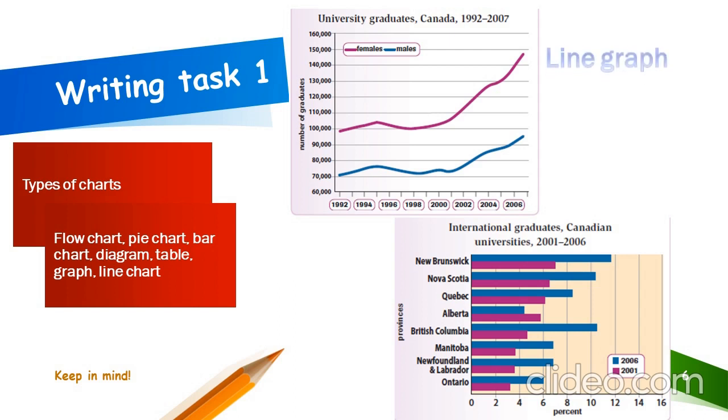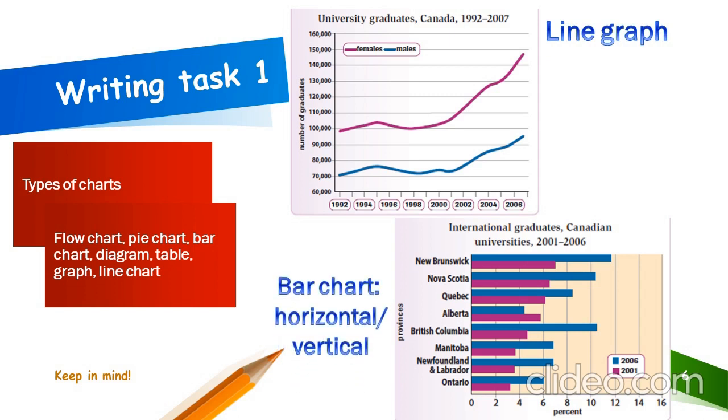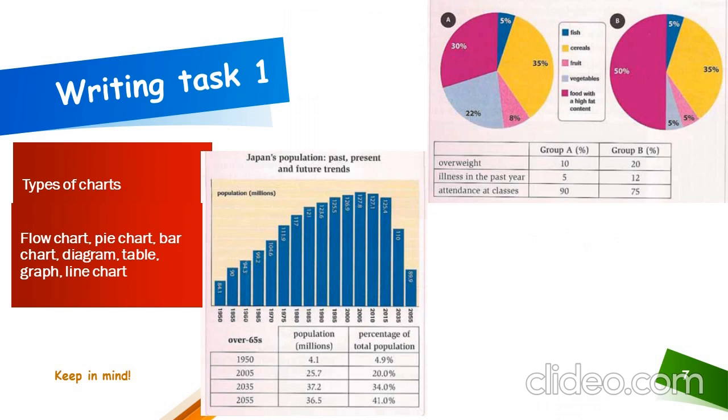So the first chart is a line graph, and the second chart is a bar chart. And a bar chart can be 2 types, horizontal and vertical. 2 more charts. Please have some time, think, and give me the names.